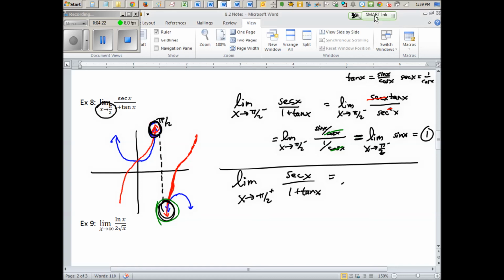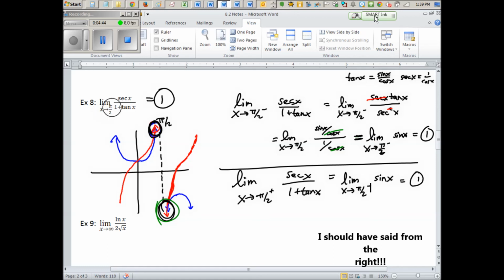Following the same logic as above, this all collapses into simply sine x. And we can see that the limit as x goes to pi over 2 on a sine x graph is still 1. So the answer to this problem is actually 1, even with the asymptote there.